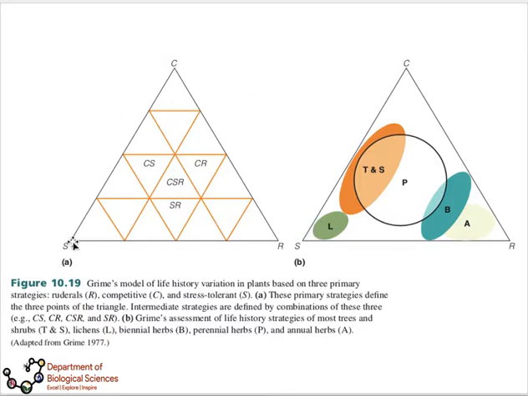Okay? So for letter B, life history strategies of most trees and shrubs, lichens, biennial herbs, and perennial herbs and annual herbs. Okay, so most likely, this particular portion here are perennial. Ito naman ang lichen, nasa stress-tolerant part.